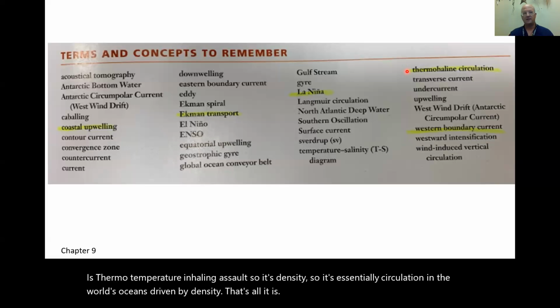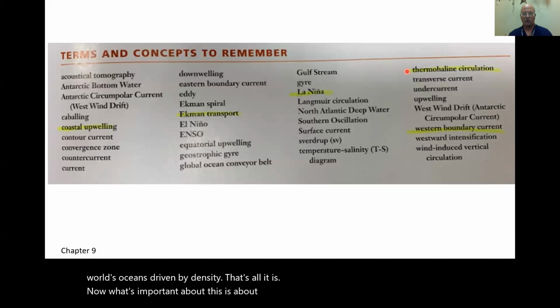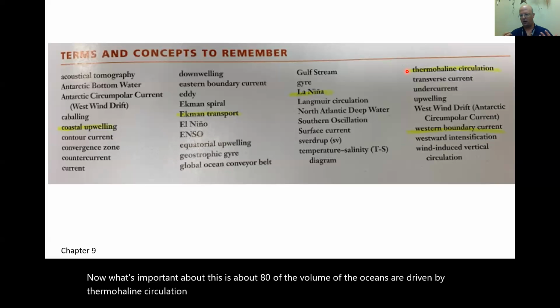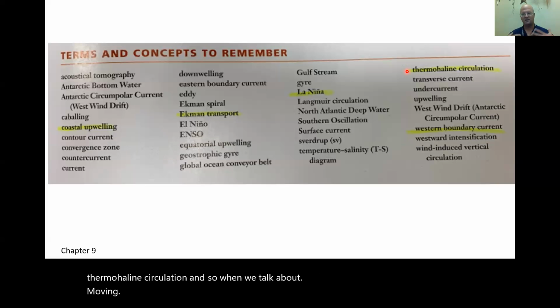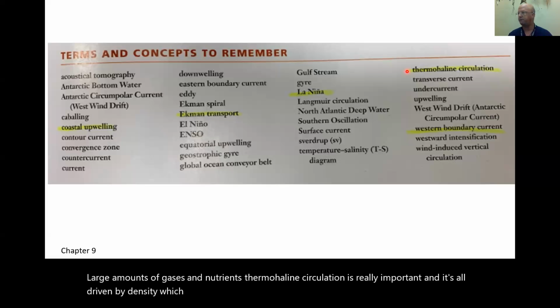Now, what's important about this is about 80% of the volume of the oceans are driven by thermohaline circulation. And so when we talk about moving large amounts of gases and nutrients, thermohaline circulation is really important. And it's all driven by density, which is controlled by temperature and salinity.